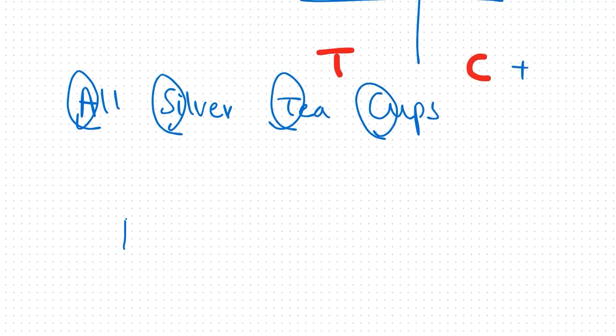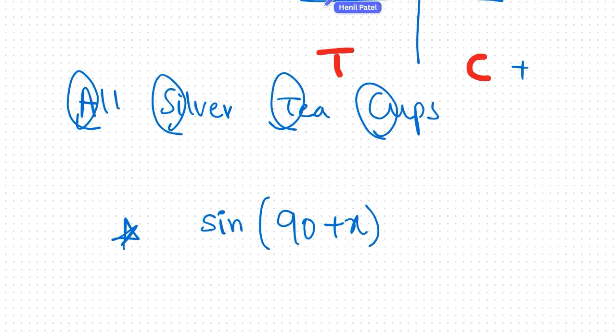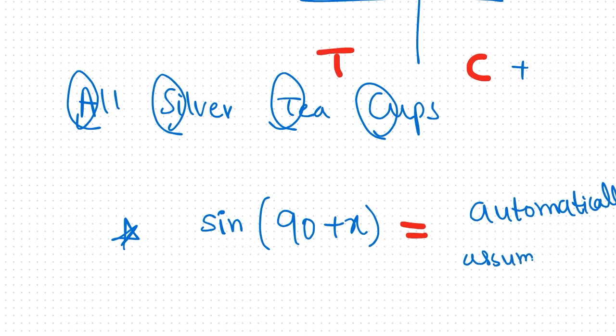So if I say sine of 90 plus x, can you tell me if it is positive or negative? It will be positive, right? We don't know if this x is bigger or smaller, correct? So we automatically assume that 90 plus x is in Q2.